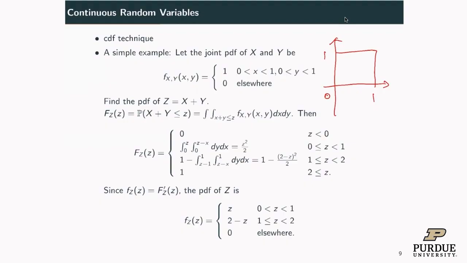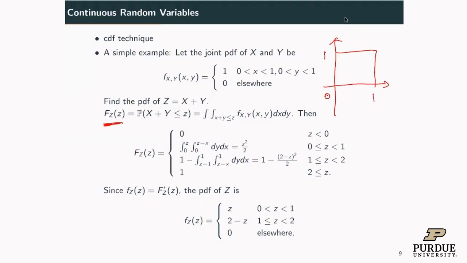Now for the CDF technique, let's work out the CDF of Z directly. The CDF of Z, by definition, is the probability that X plus Y is less than or equal to little z. To evaluate this probability, it is a double integration.